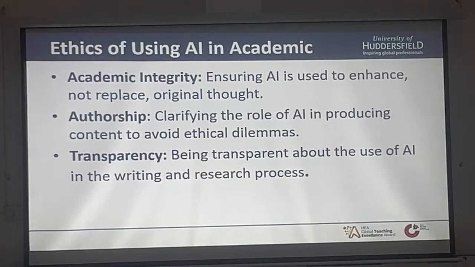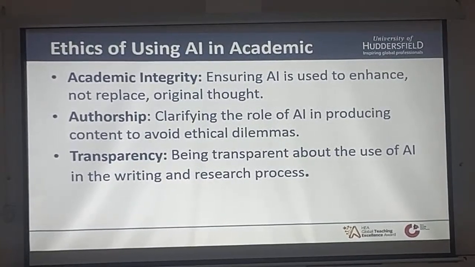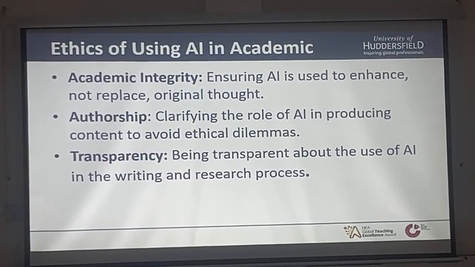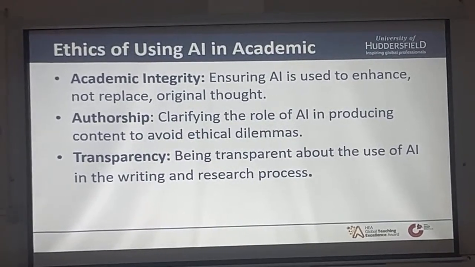So you need to be a thinker. You need to be the idea generator. And the AI should be your helper, not you as a helper for AI. That's important. A lot of journals now say that AI should not be a co-author. I will tell you why we discuss that: because it could make a mistake.